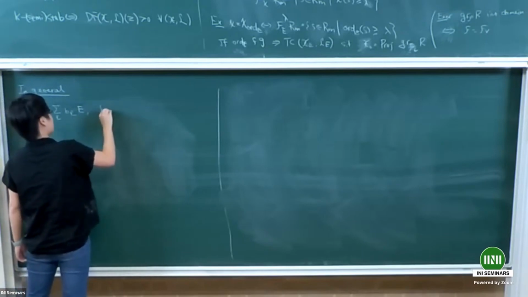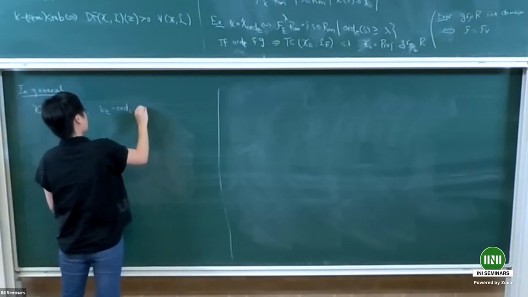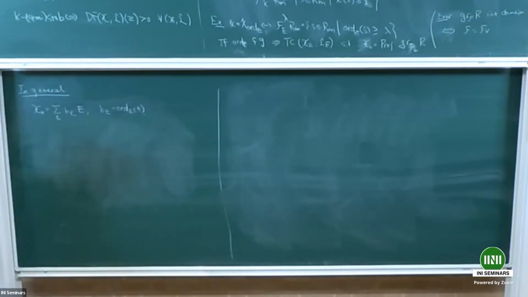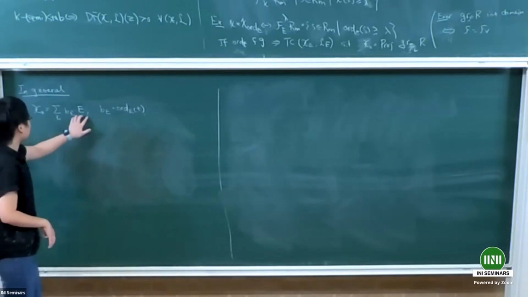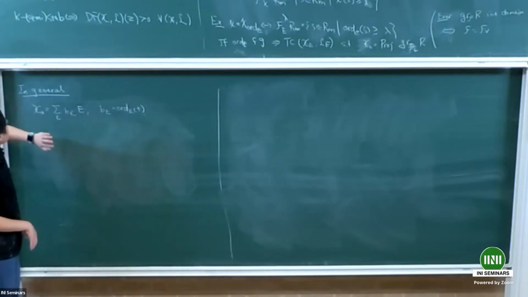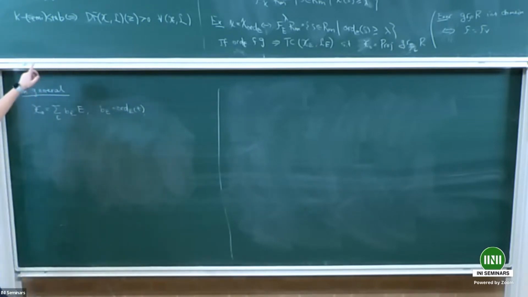So b sub E is going to be the coefficient in front of E. This you can always do. And the observation here is that order of E, this E sitting inside the total space X as a test configuration, is codimension 1. So this defines, in particular, a divisorial valuation on our test configuration.